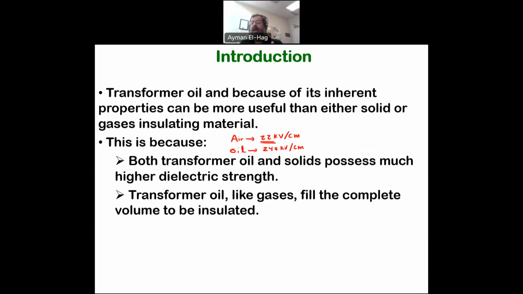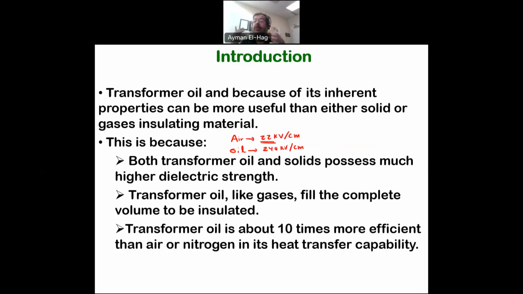But of course, gases and oil can be used for that. So you see here that the oil has certain advantages along with the solid versus the gases, and another advantage together with the gases versus the solid. So that makes the oil very unique.